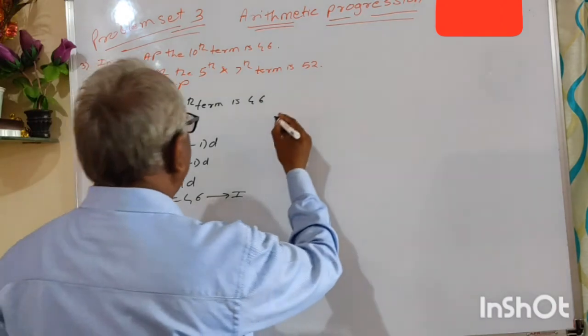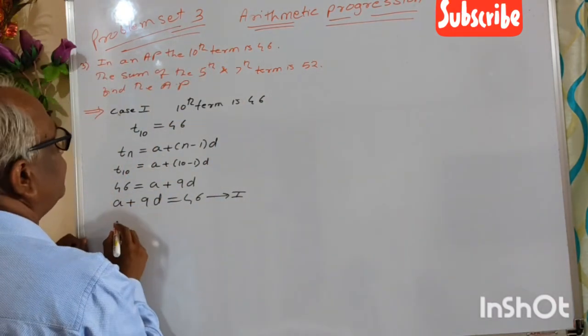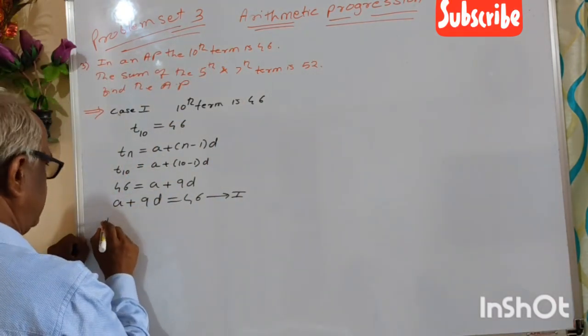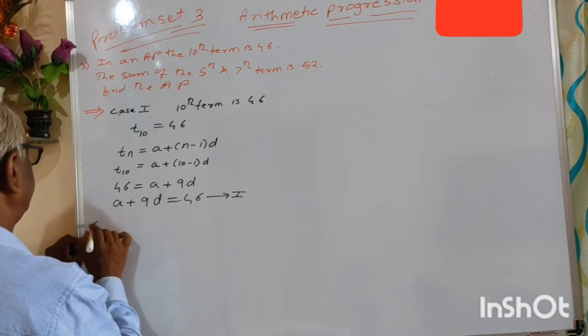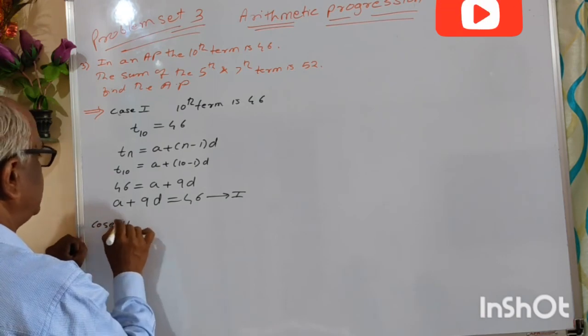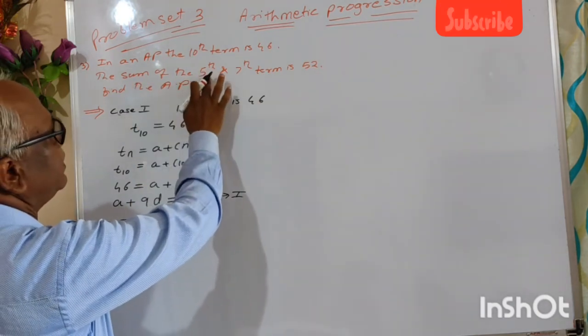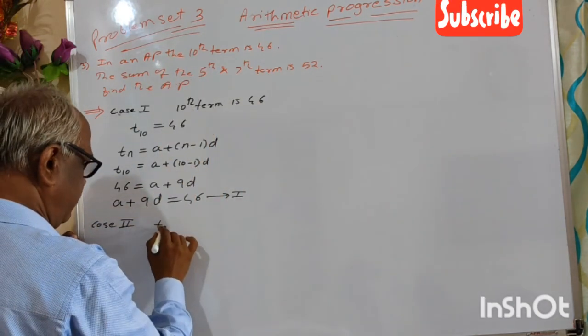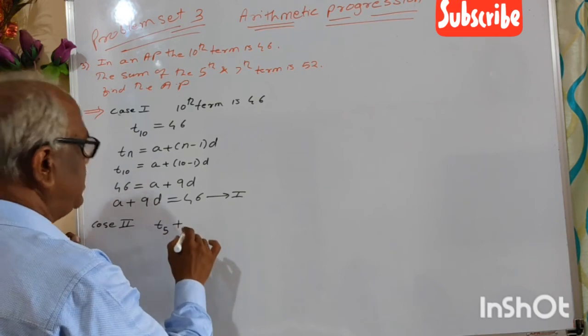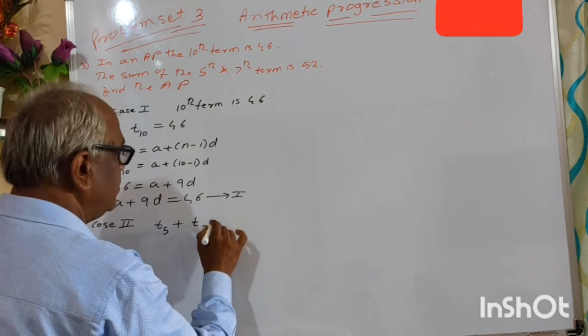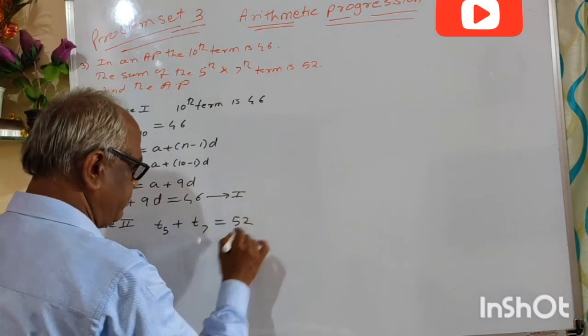In the same way, now here is given the second case: the sum of the 5th term plus the 7th term is equal to 52.